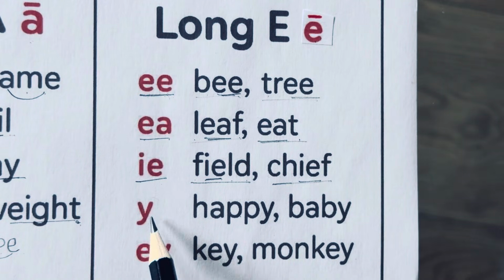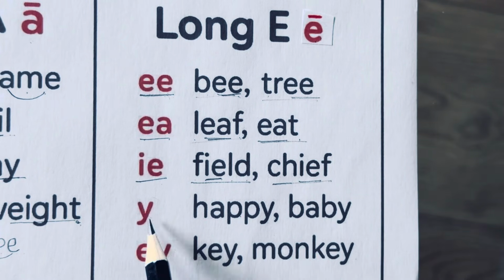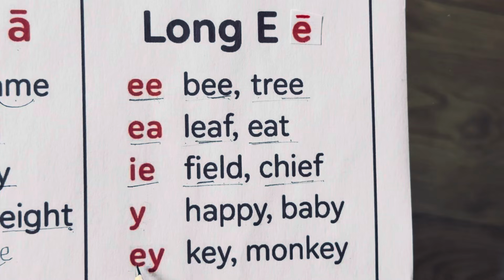The actual sound of Y is Y, but if Y comes at the end of a word, then we will read Y as the E sound, as in happy, baby. E and Y also make the sound long vowel E, and this spelling pattern usually comes at the end of a word, as in k, e, y, key; m, o, n, k, e, y, monkey.